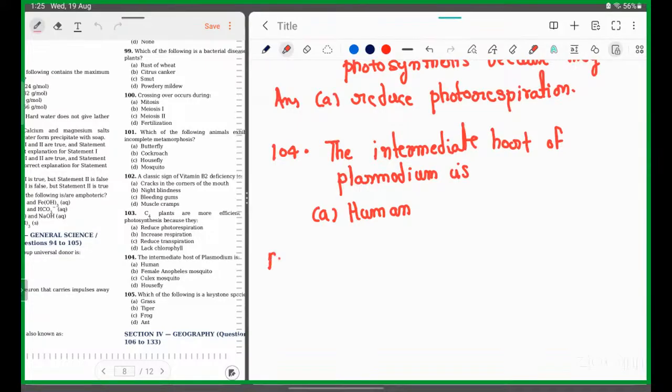So let us write it. Keystone definition first.